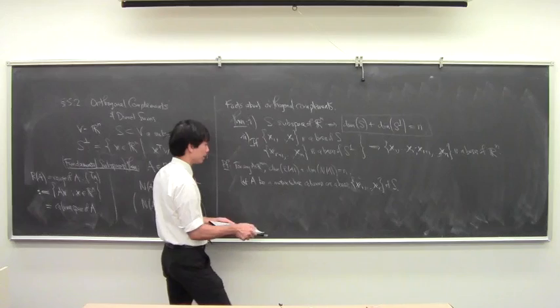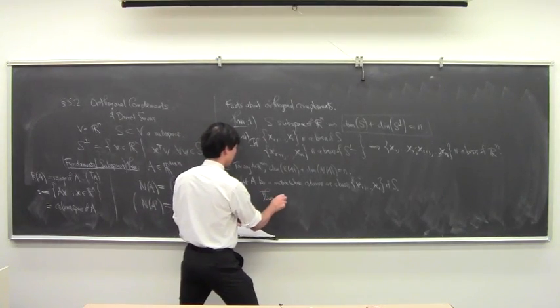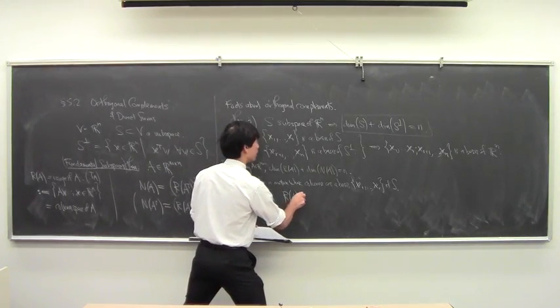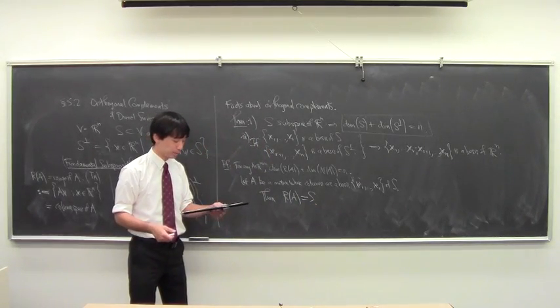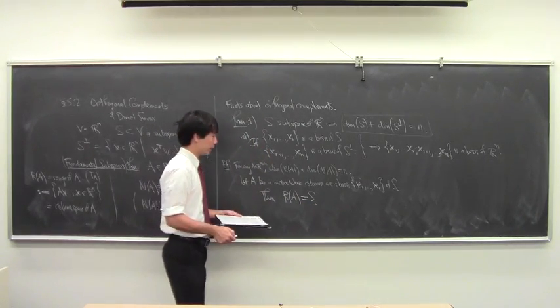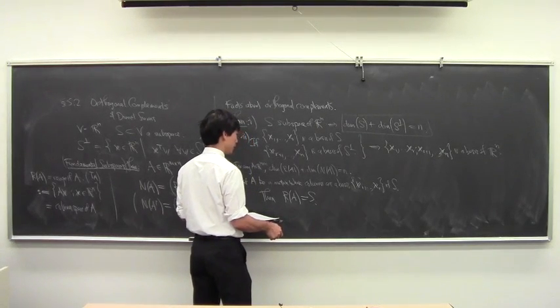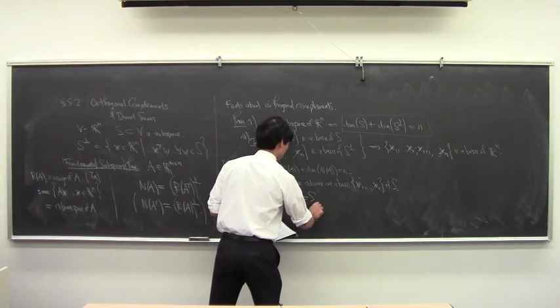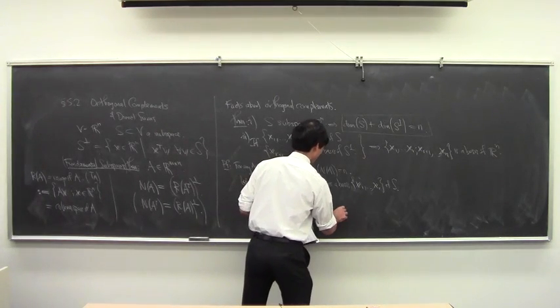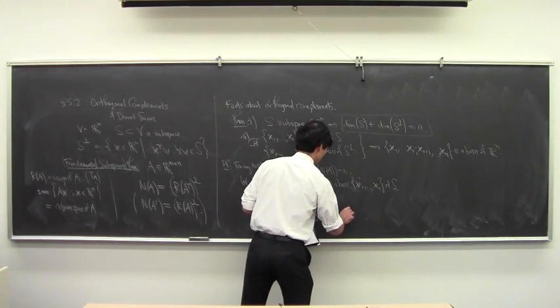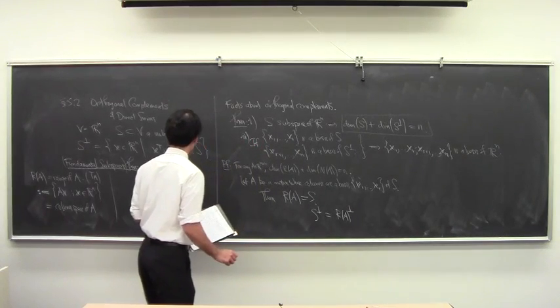Okay. In that case, the range of A is S. By construction, the range of A is S. And what's S perp? Well, that's going to be the range of A perp.